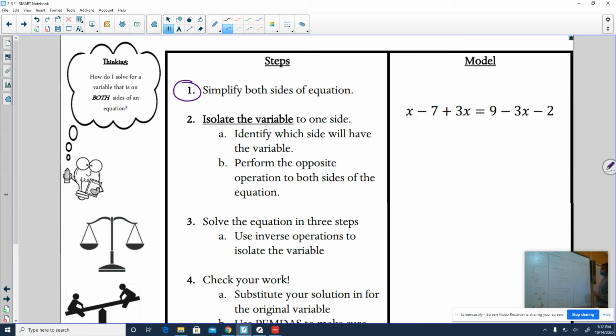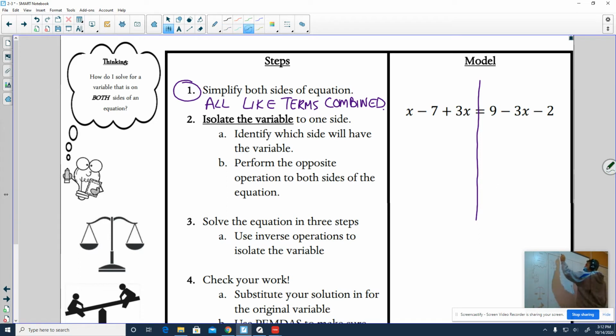Now remember, to be in simplest form, an expression must have no parentheses, which we're not going to see in this lesson, and all like terms combined. When I say all like terms combined, I'm talking about on either side of the equal sign, because we've got to keep one side of an equation separate from the other side. We must keep our equation balanced.